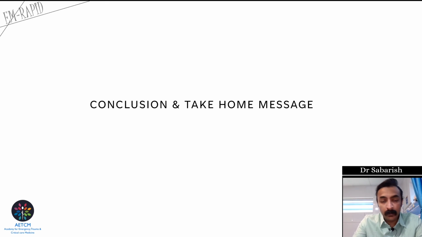Then we moved on to the management with specific etiologies like paracetamol toxicity, mushroom, viral related, etc. And then we moved on to the general principles of management irrespective of the etiology, that's management of hepatic encephalopathy, intracranial hypertension, infection, coagulopathy, cardiac support.